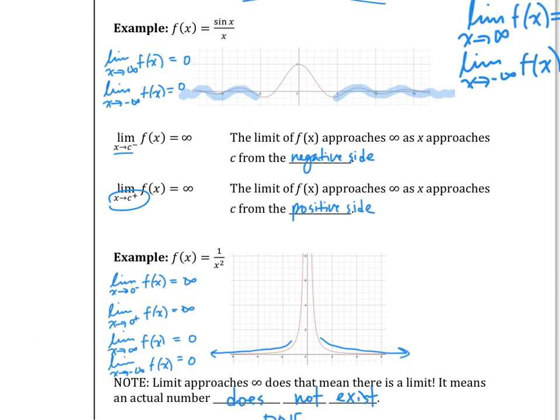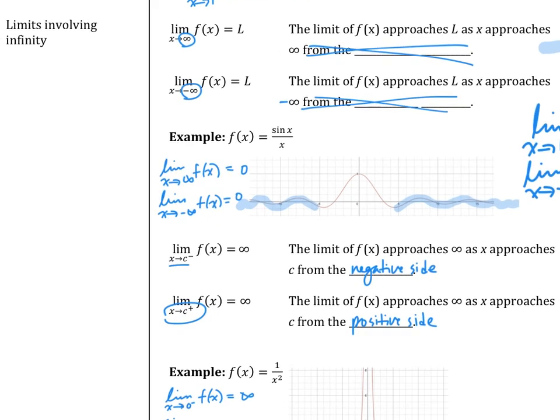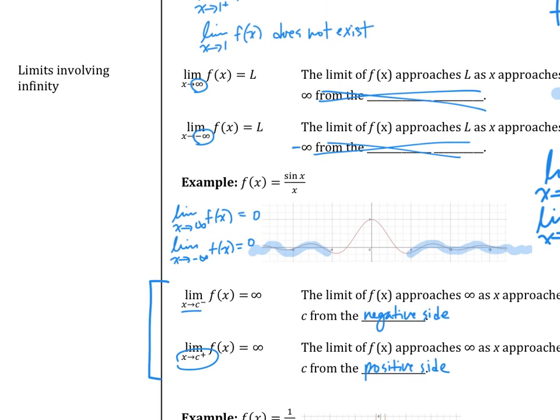If you look at this a little more closely, you realize these two sets of things are different, and both involve infinity. The first one, when x is going to infinity or negative infinity, y is going to a number. That was our horizontal asymptote. We've studied this since Algebra 2.